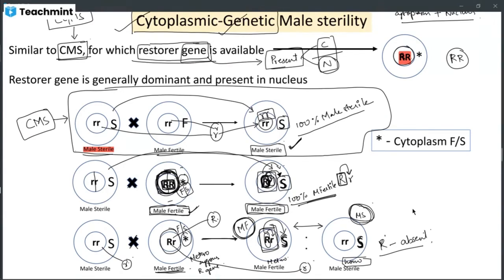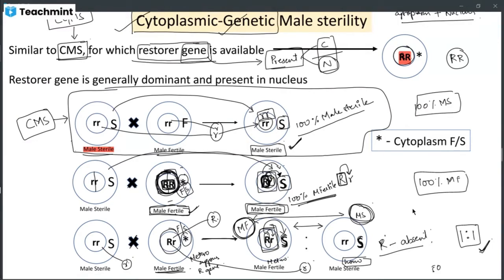Yes, sir. So in this type of cross, the male fertile and male sterile ratio will be 1:1. Okay. So in case of this, it is 100% male sterility. Whereas in case of this, it is 100% male fertility. But in case of this, we can say 50% male fertile and 50% male sterile.